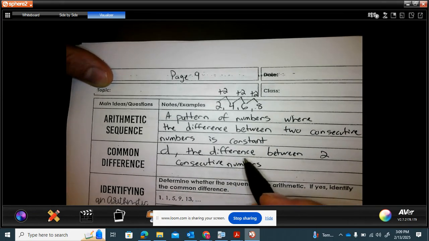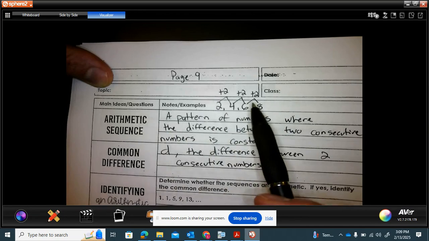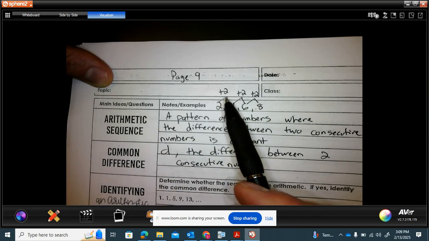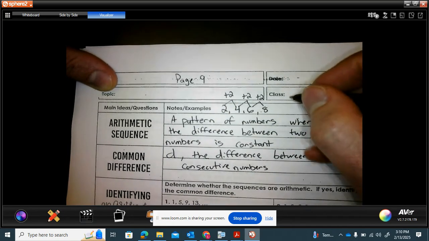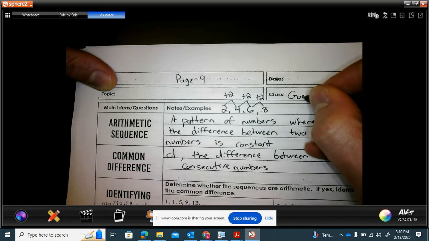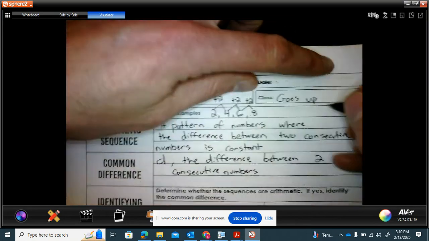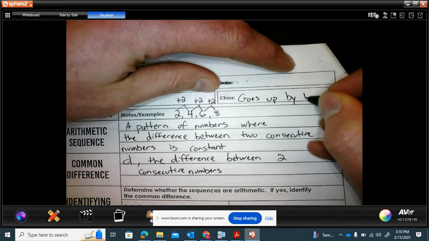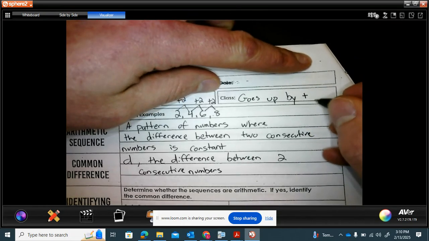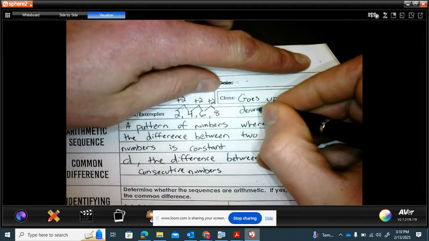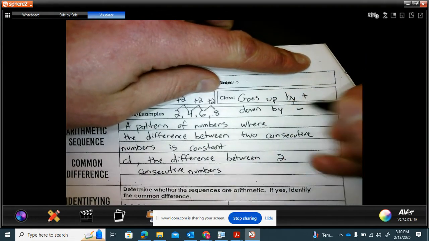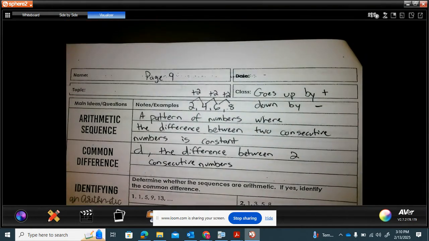And difference means subtraction, but in an arithmetic sequence, they could be going up by addition or down by subtraction. So the way you could tell if it's an arithmetic sequence is: is it going up by addition or is it going down by subtraction?